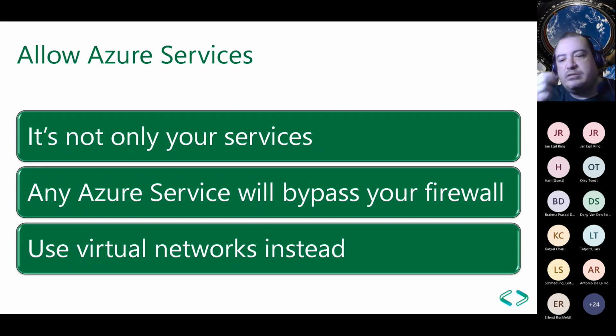But in case you don't have a specific IP that you can open for the services, it would be better to use virtual networks to make the access to Azure SQL. We will see examples about this later during this session. So it is quite important to never enable this option of allowing Azure services.